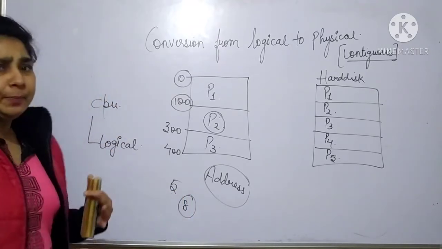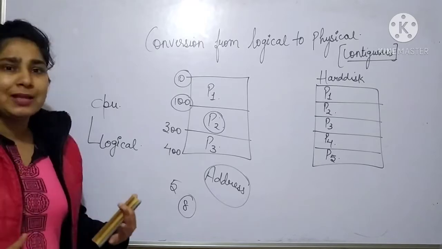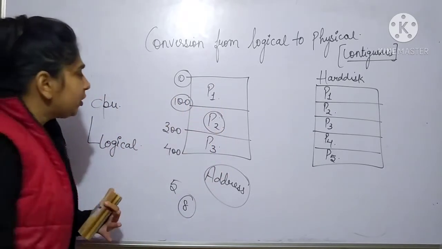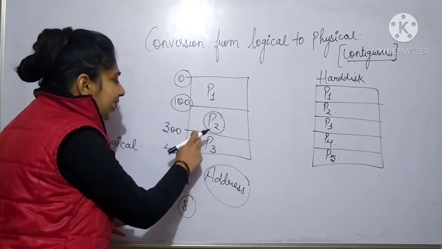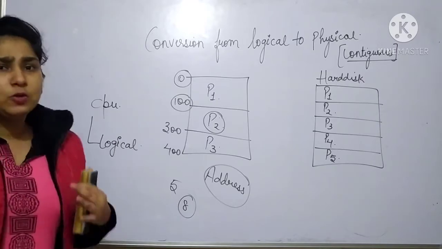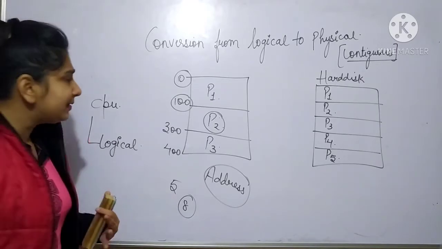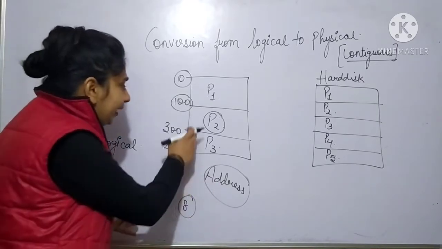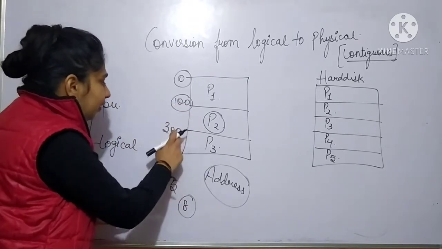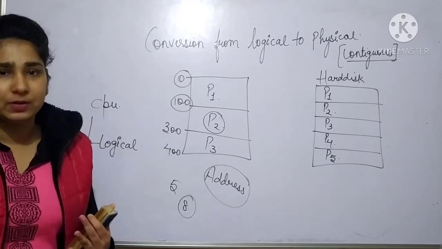Your CPU doesn't know where your process is present in the main memory. Your process might be stored at any place in the main memory. There is no fixed place where your process P2 always lies in the range from 100 to 300 memory address.